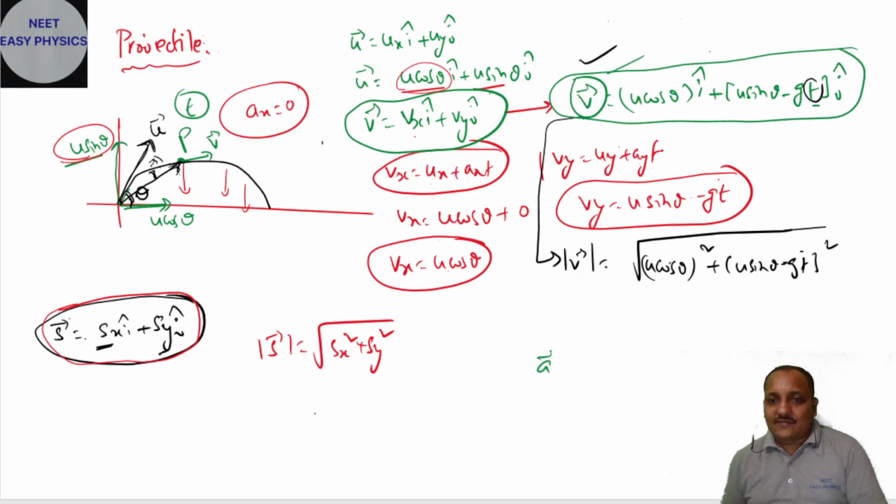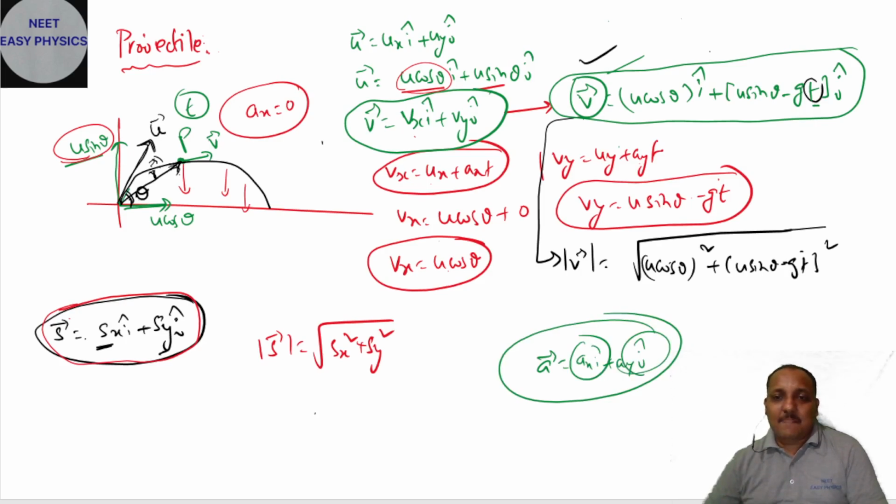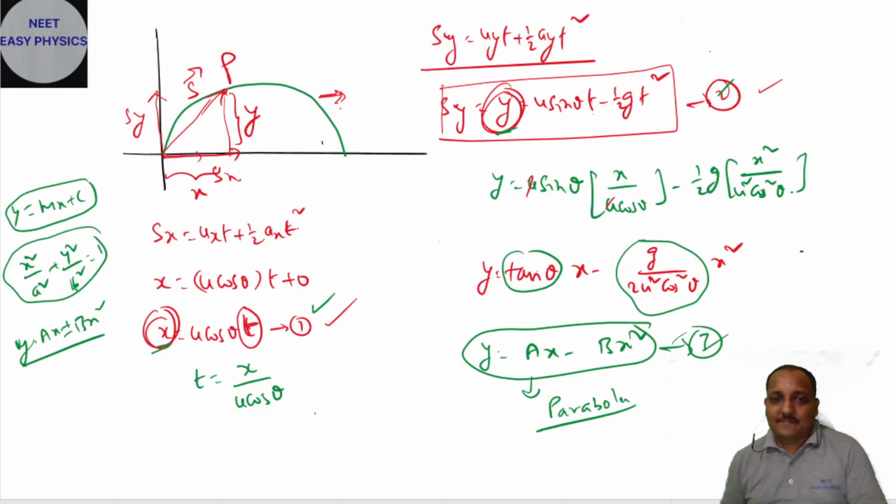What is acceleration after t time? A bar is equal to ax i cap plus ay j cap. Ax is 0, ay is minus g j cap always. Now what is the displacement after t time? This is the formula, Sx, Sy. Now what is the path of this projectile? Parabola. From here, how they are going to ask the questions, we will see in our next.